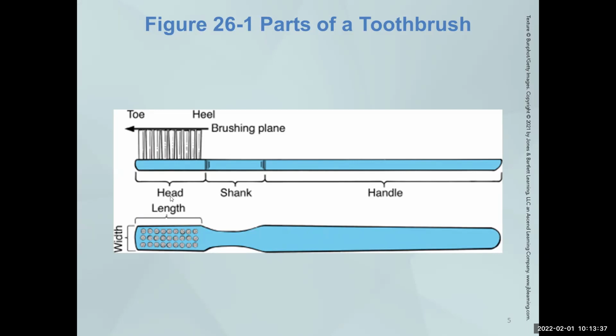But bristle or filament height, 11 millimeters. That's the recommended. That's on your boards, 11 millimeters. It will be on your test. Somehow you will get a question on filament height. You want the toothbrush to be easy to grip.